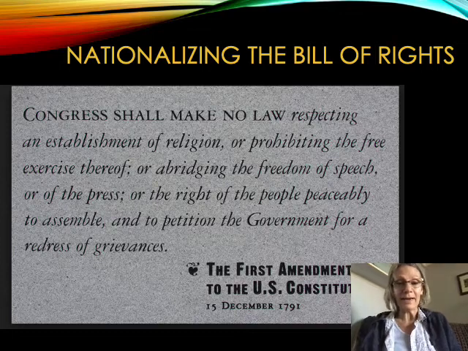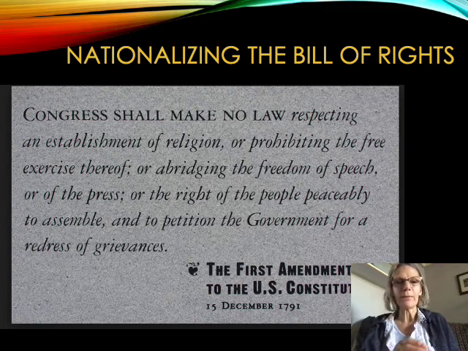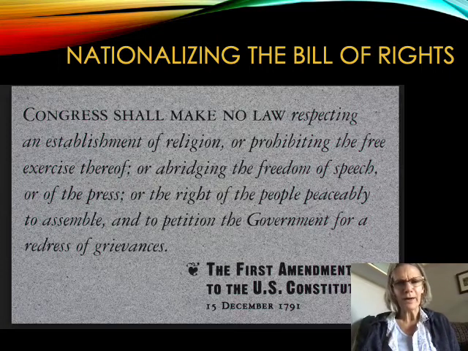But then one day, as I was putting a tape into the VCR, before I started studying political science, I was looking at the First Amendment, and it says, Congress shall make no law respecting an establishment of religion, or prohibiting the free exercise thereof, or abridging the freedom of speech, etc. And I was like, Congress?